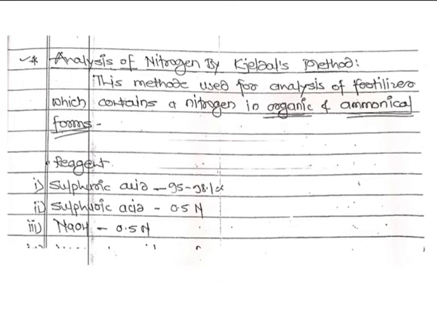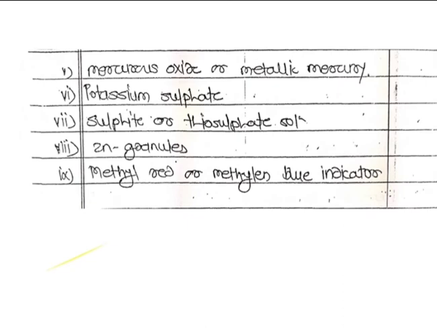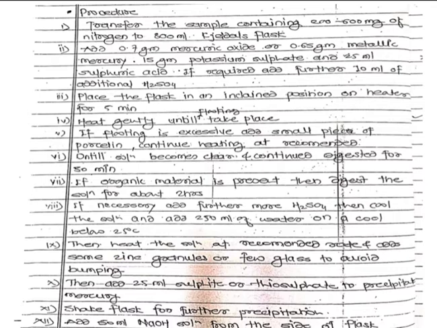Then mercuric oxide or metallic mercury is taken. Then potassium sulfate is required, sulfide or thiosulfate solution. Then zinc granules, and an indicator is required, methyl red or methyl blue. So these are the chemicals or reagents which are useful for nitrogen estimation by the Kjeldahl method.